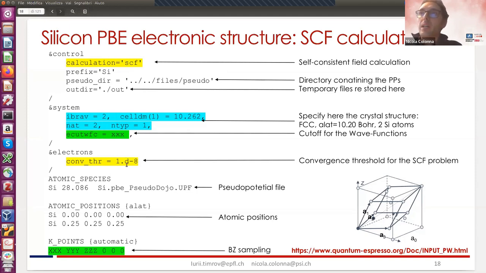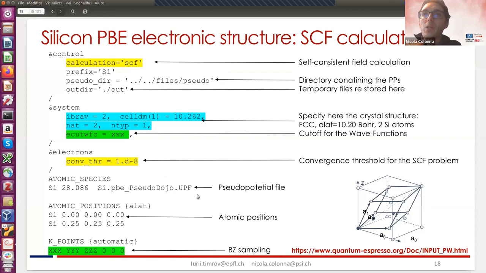Here you have some extra information, the convergence threshold for the SCF. So this essentially tells the code when to stop while doing this self-consistent calculation. So if the total energy between the step n and the previous step is lower than 10 to the minus 8 Rydberg, this means that we have achieved convergence and we stop the minimization.